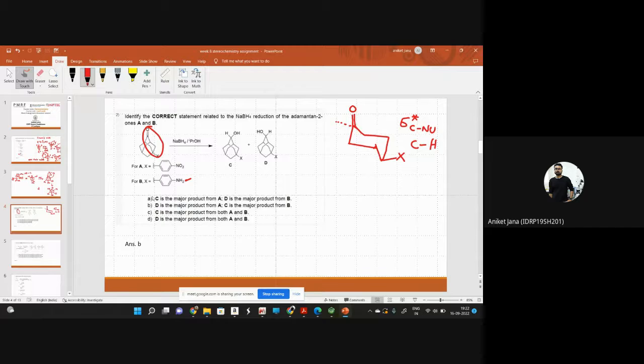Okay, so our right option is option B. So whenever there is NH2, the equatorial anti-periplanar bond formation will obviously be favored.